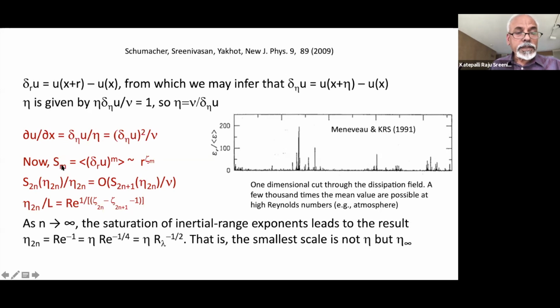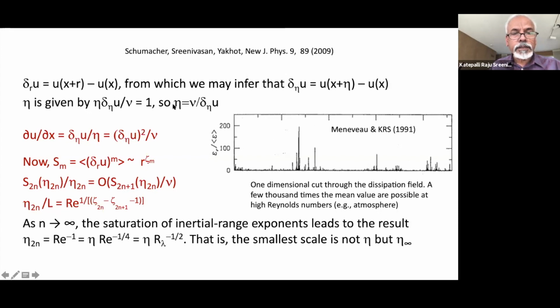Now, if you are interested in the mth order moment of the velocity increment, which we think goes like r to the power zeta m, these are the anomalous exponents, then from the equations you can write down for S_n without any approximation, with one caveat that I will mention, the relation that the 2nth order moment is related to the 2n plus 1th order moment in this fashion.